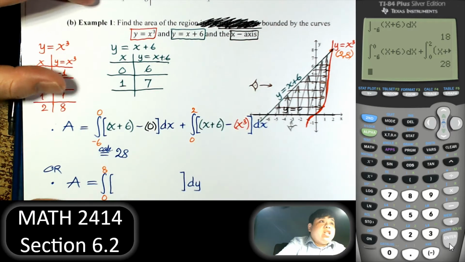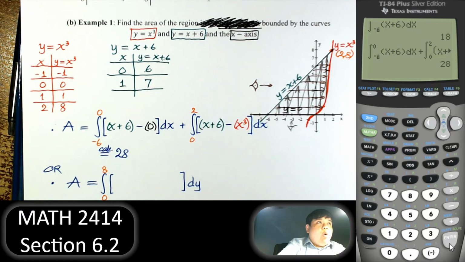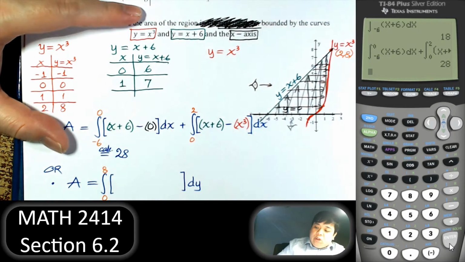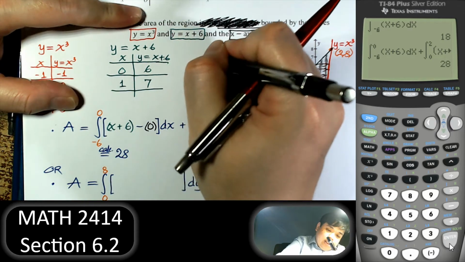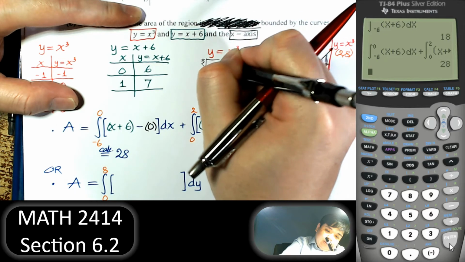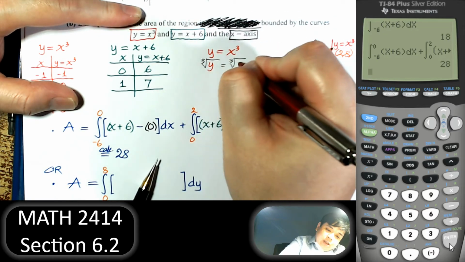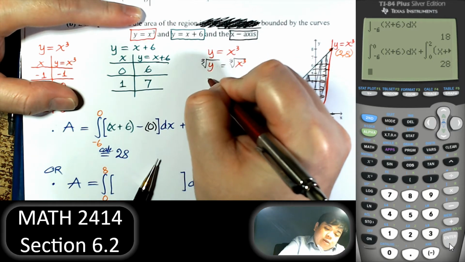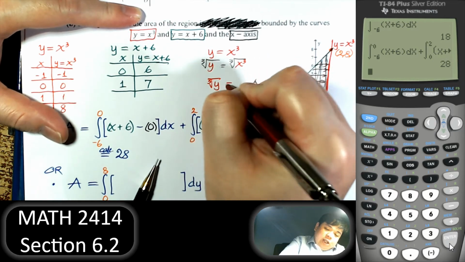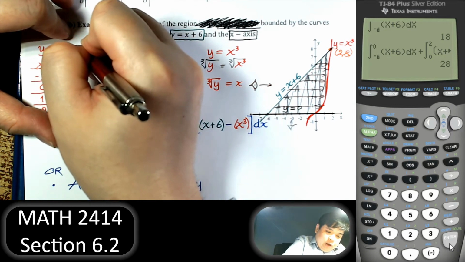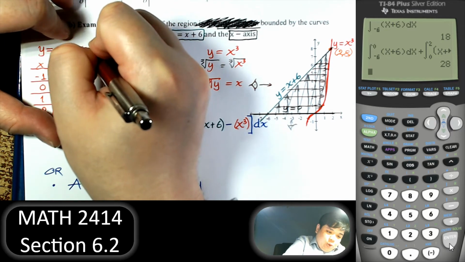We have y equal to x cubed. Can we write x in terms of y? It's simple enough. If we have y equal to x cubed, we take the cube root on both sides. So the cube root and the cube cancel out. We have cube root of y equal to x. So equivalently we have x equal to cube root of y.